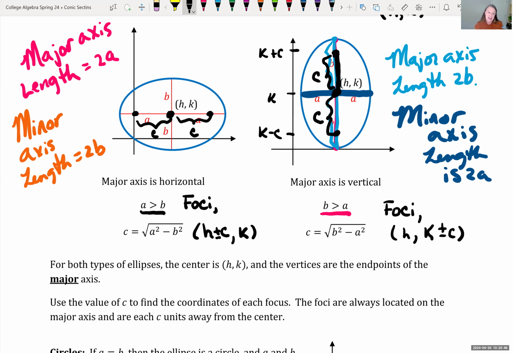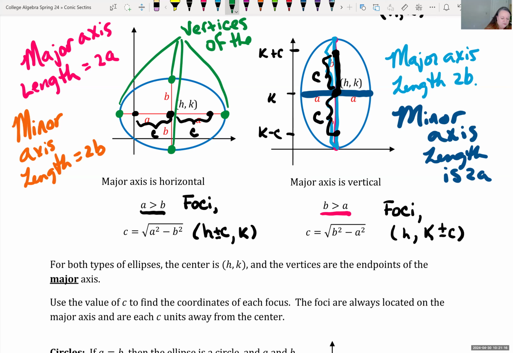It's pretty much the same thing to get what are called the vertices on these ellipses. The vertices on our ellipse occur at the endpoints of our major axis or minor axis, actually always. So these are vertices of the ellipse.